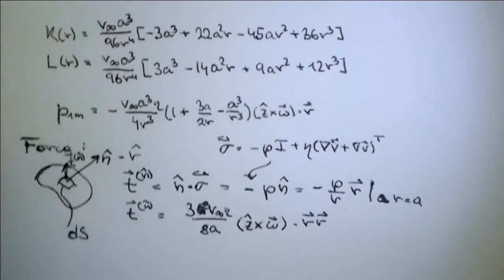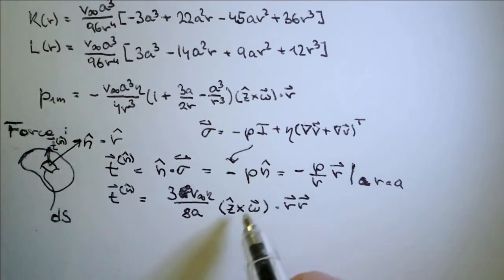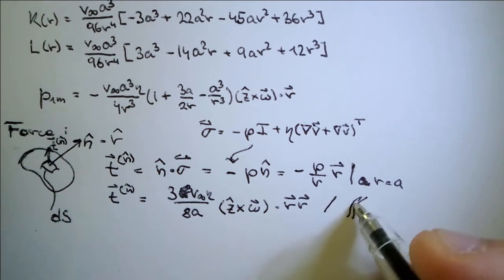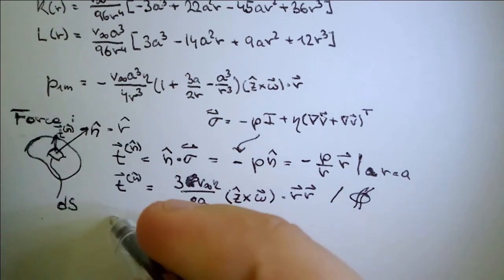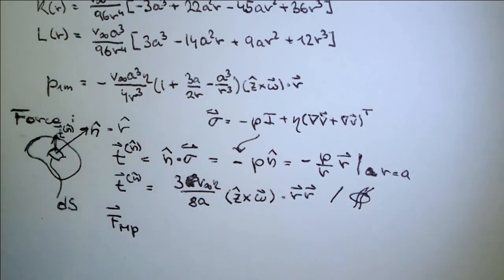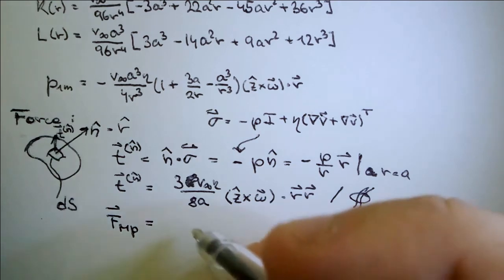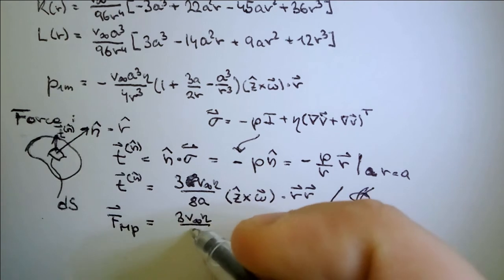Then you have to integrate the force along the surface. If you integrate the force along the surface, you get the actual force, just the pressure contribution. For us it's simply 3 V infinity eta over a.